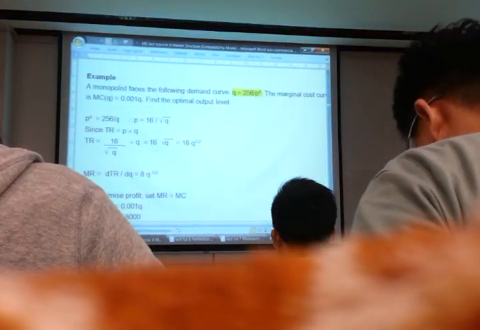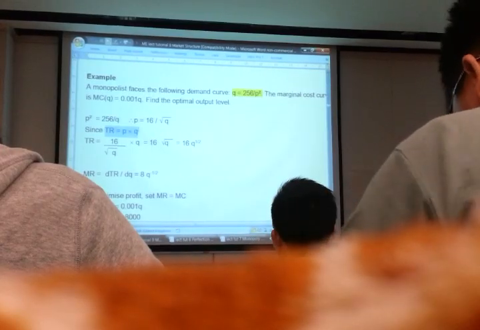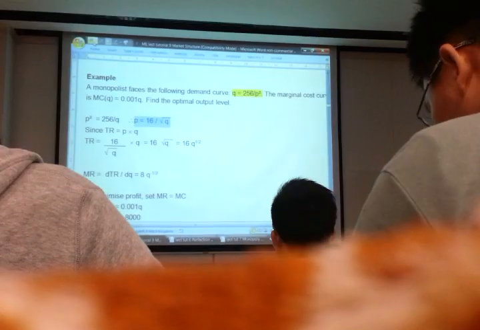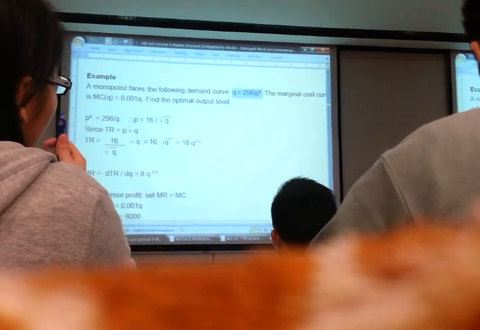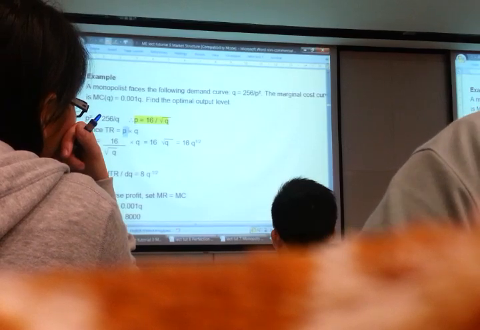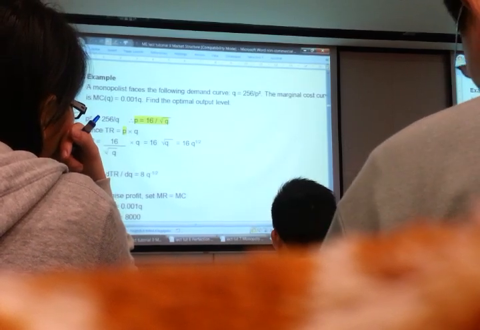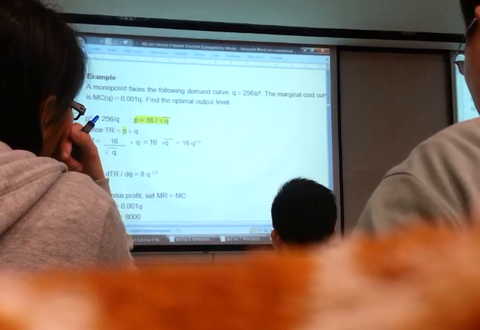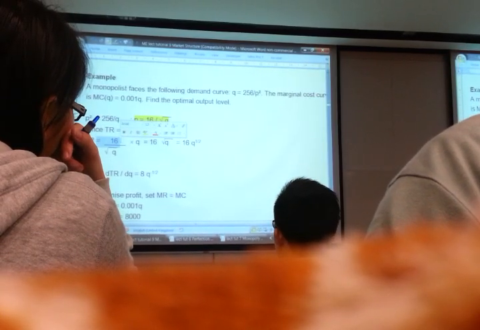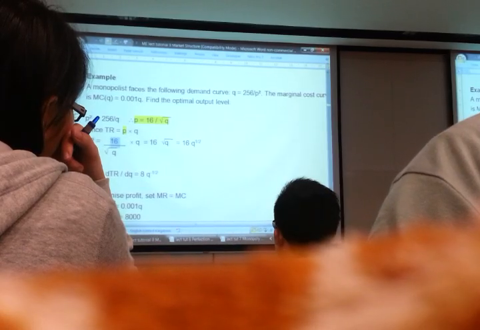Since total revenue is price times quantity, and as you can see, P is constrained by this, therefore P times Q is total revenue. So P, the constraint it must follow, is equal to this.